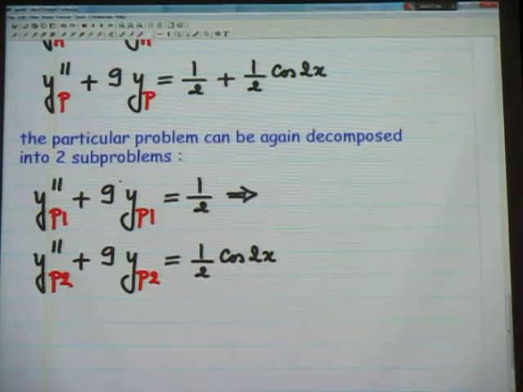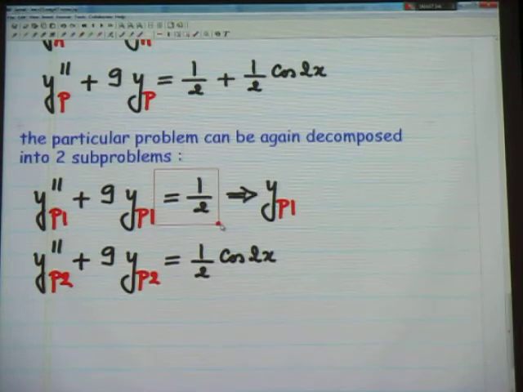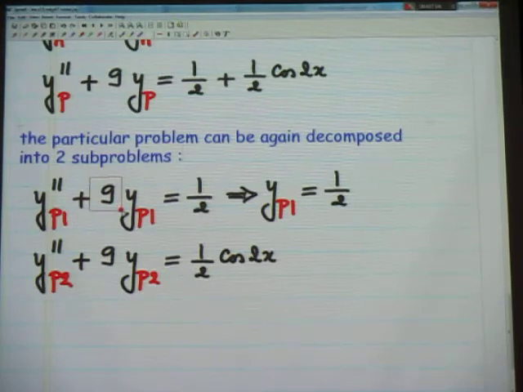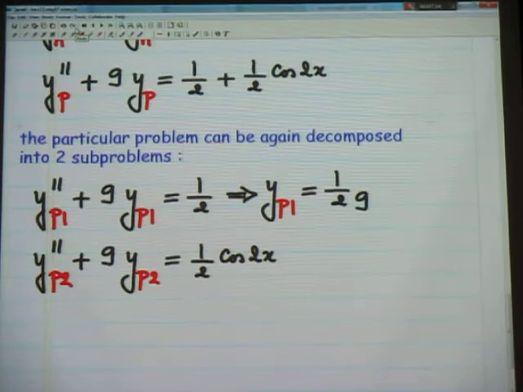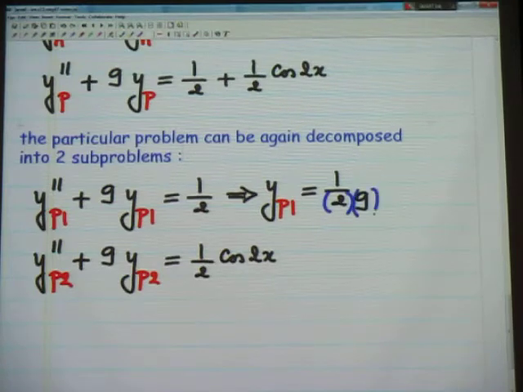What I'm trying to say is that this one is simply a constant, where you have 9 also down here. So replacing in that, it's simple.